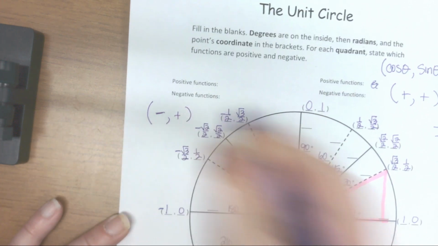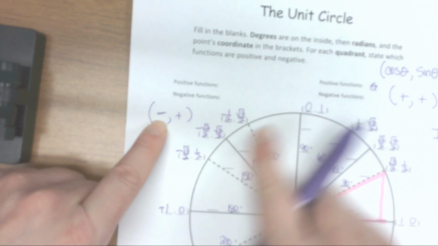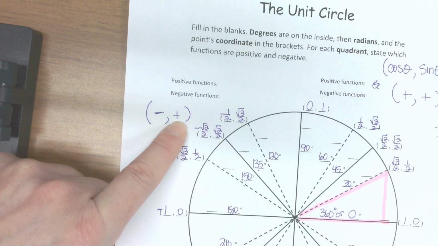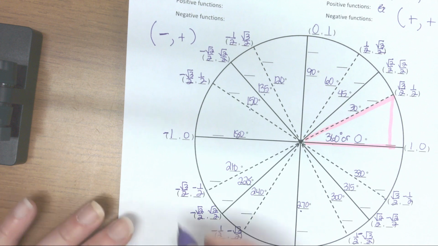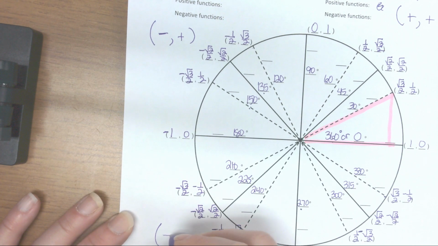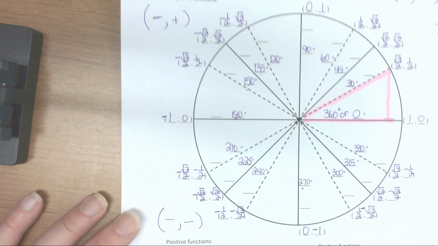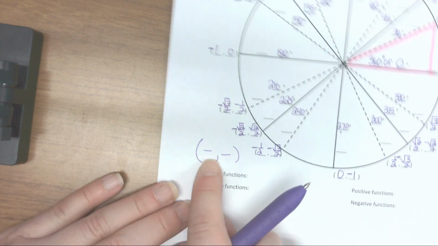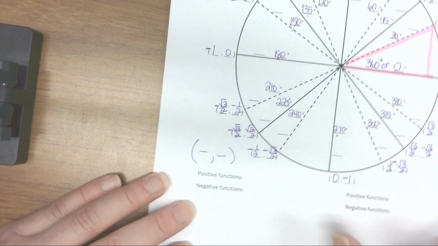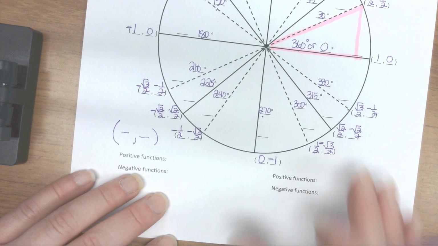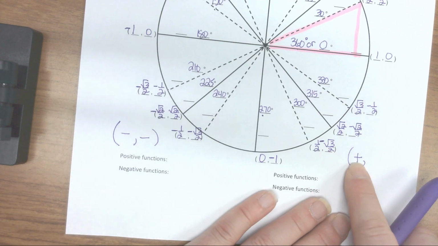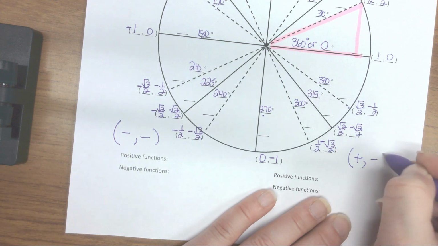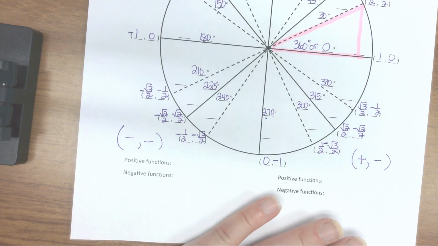That means the cosine is negative, but the sine is still positive. Over here, both are negative. Cosine is negative, sine is negative. And then over here, the cosine becomes positive again, but the sine becomes negative. Okay.